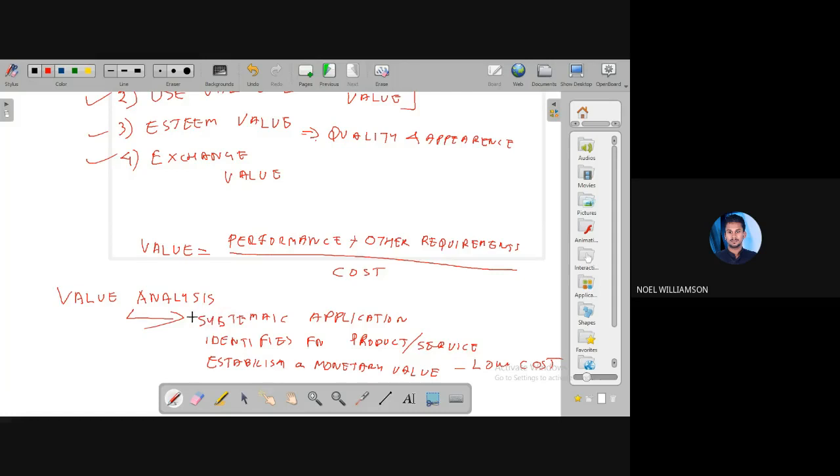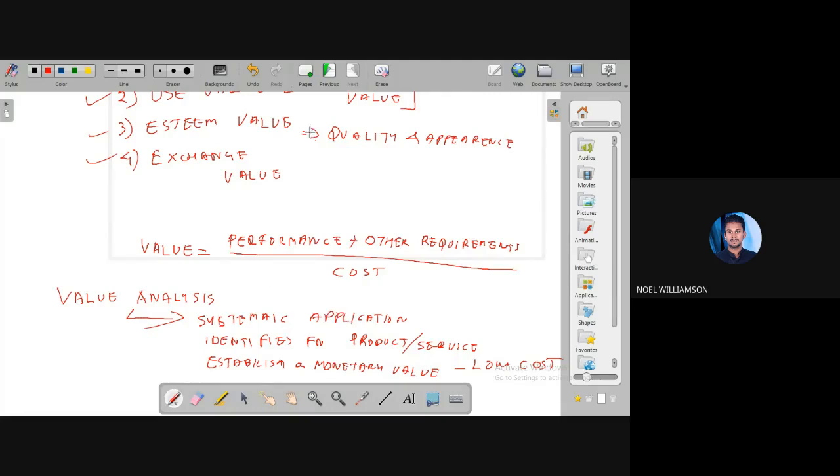That is a systematic application of these recognized techniques, which identifies the function of a product or service, then establishes a particular monetary value for that function, and then provides the necessary function reliably at lower overall cost. So at the lowest cost, how you can make it.